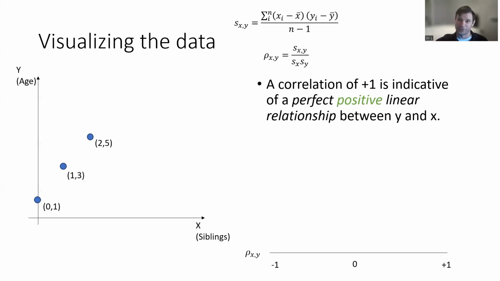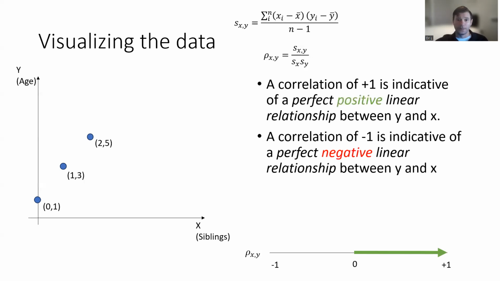Maybe indicative of what we're seeing on the screen now. At the other end of the spectrum, the correlation could be equal to -1, and that will be indicative of a perfect negative linear relationship between x and y. If we were to plot that situation, we would see a downward sloping straight line scatter plot, where again, all the data points fall on that same downward sloping straight line.